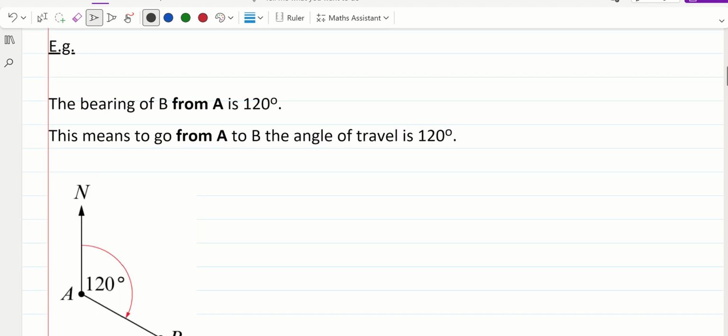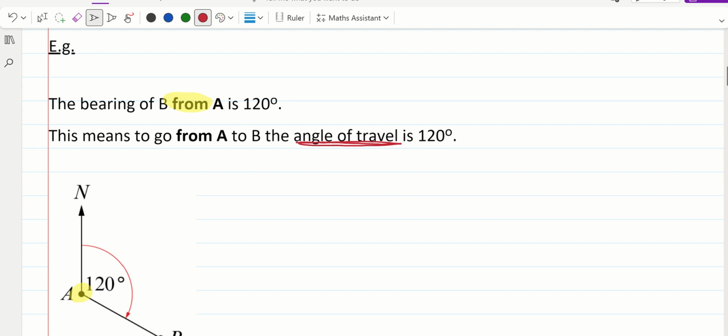The bearing of B from A. So from is a really important word. From A is 120 degrees. This means that to go from A is our starting point. The angle of travel is 120 degrees.